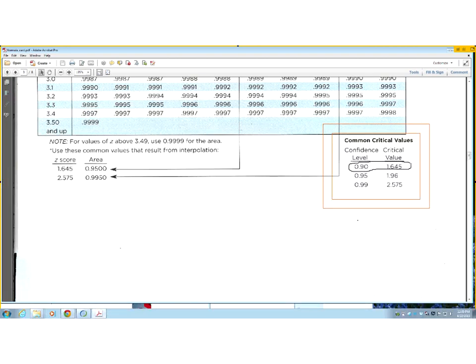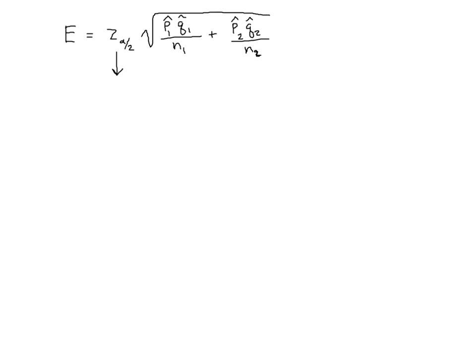Remember, the critical values from table A2, the Z critical values, those are fixed. They don't change no matter what the sample size. The ones that do change are the ones from the t distribution and the chi-square distribution. Okay, so 1.645. That's what I'm writing down because the confidence interval was 90%.